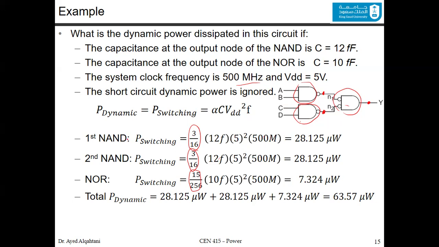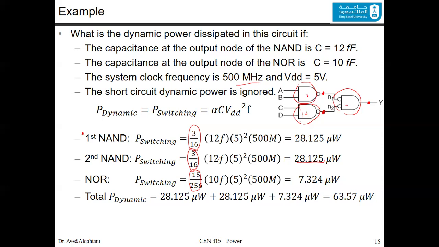You calculate it for the first NAND, it's 28.125 microwatt, and actually you can get it only for the first NAND because they are very similar. So you get it for the first one, and you know that the second NAND is the same. For the NOR it is calculated to be 7.324 microwatts. As you can see in this example, we were lucky.